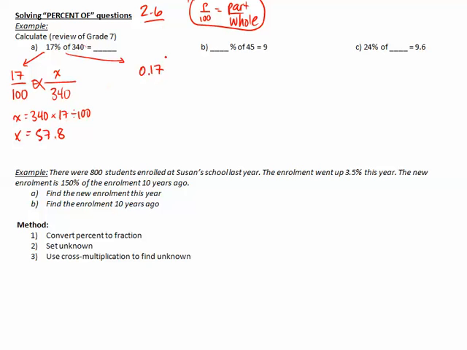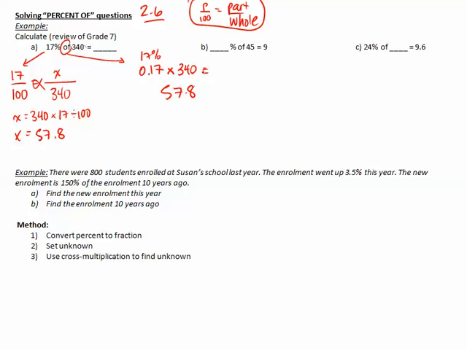The other way that we could do this is by using the word of. 17% is the same thing as 0.17. Of means multiply, and then of 340. So 0.17 times 340, because this is the same thing as 17%, of 340 equals 57.8.